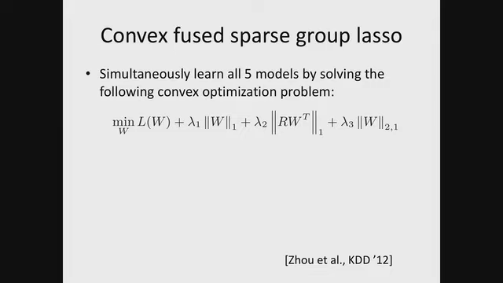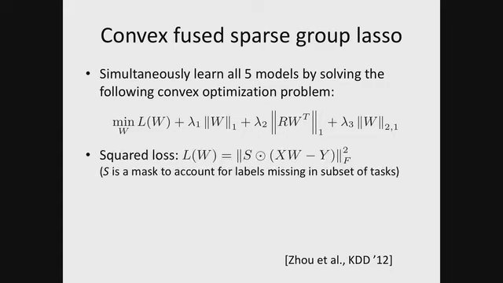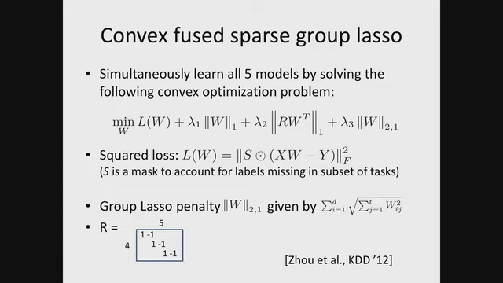The second term in this optimization problem, this lambda 2 RW squared, is also a sparsity penalty, but it's now pre-multiplying the W by this R matrix. This R matrix, in this example, is shown by this.